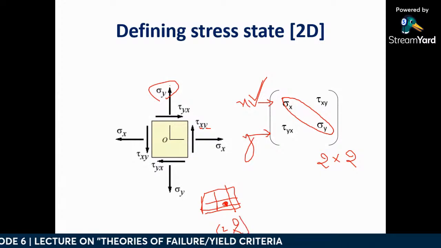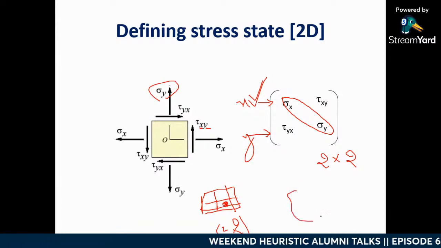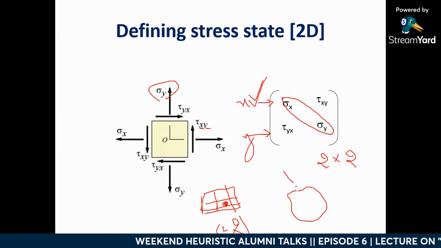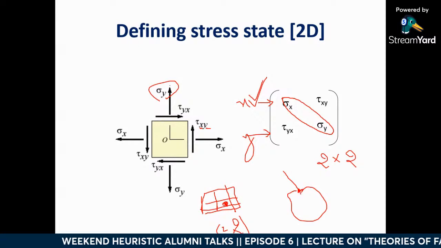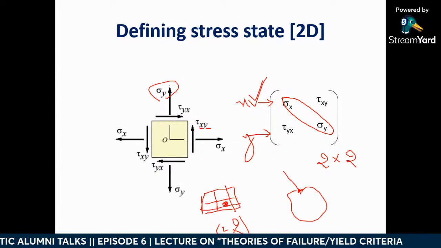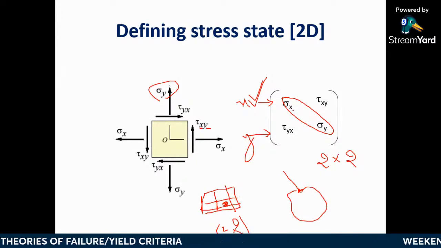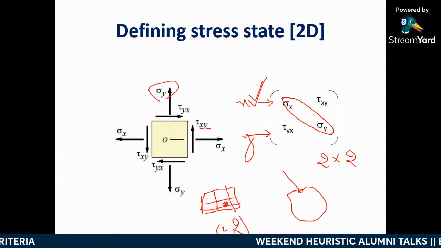When you give 2 comma 2, the other person can imagine where the object is located. Similarly, when some stress is acting on a particular body, if you want others to understand the stress situation at a particular point, what details do you have to give? You have to give these details: what is the normal stress in the x direction, what is the normal stress in the y direction at this point, and similarly the shear components.